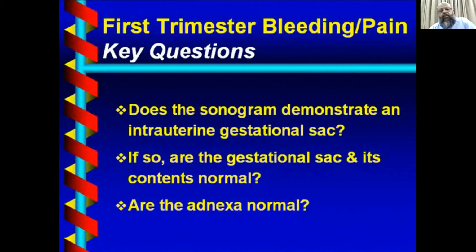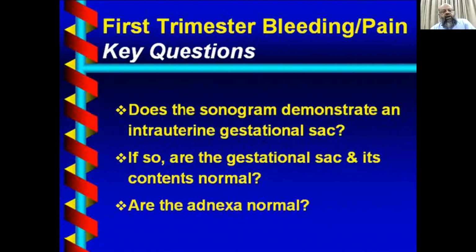Usually in the beginning, we will have the gestational sac with amniotic fluid, with an amniotic sac, with a yolk sac, which is usually extra-amniotic, and an embryo, the early formation of the embryo.